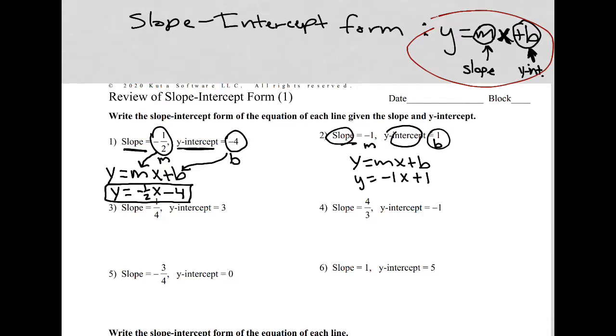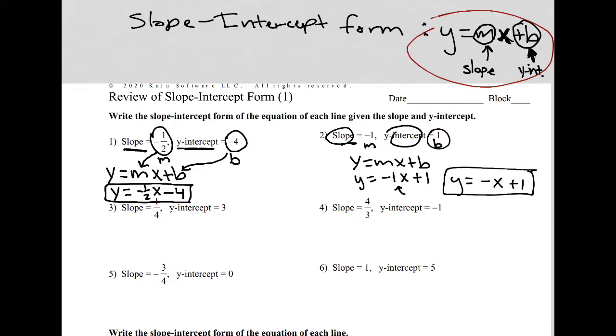Now, remember that you don't necessarily need a 1 in front of x. So since it's a 1 here, we could just put -x. So a better way to write it would be y equals -x plus 1. So that would be the most simplified way to write your answer.